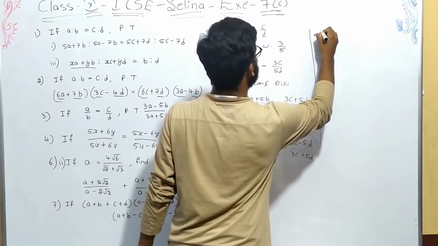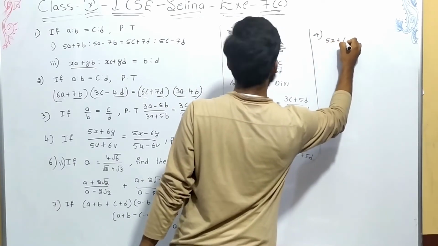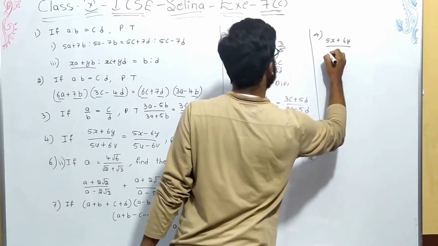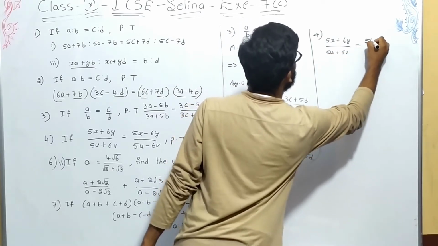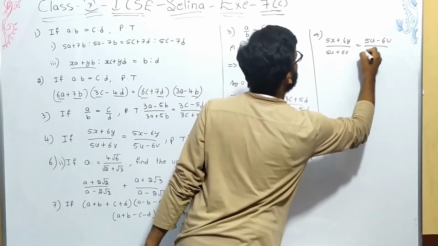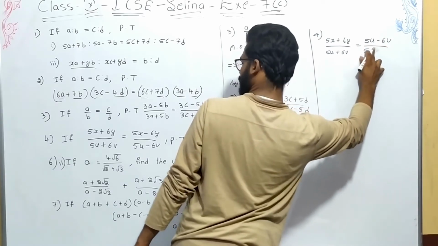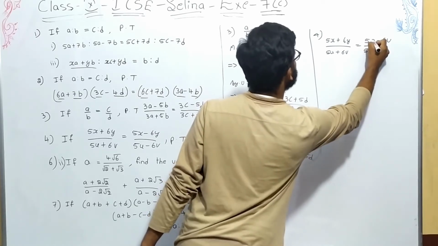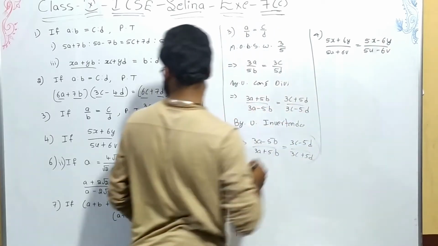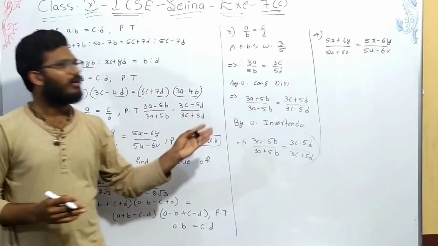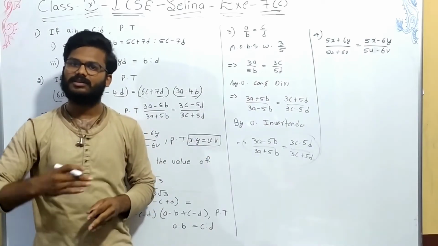See, fourth one, given 5x plus 6y by 5u plus 6v is equal to 5x minus 6y by 5u minus 6v, right? So one side has x and y, and the right hand side also has u and v.